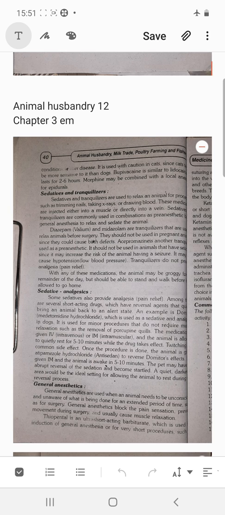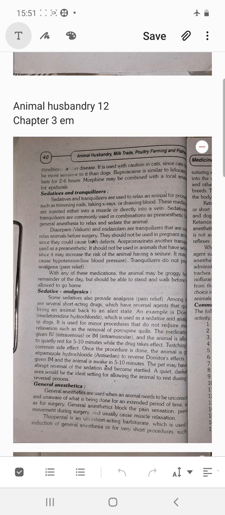These medications are injected either into a muscle or directly into a vein. Sedatives and tranquilizers are commonly used in combination as a pre-anesthetic before general anesthesia to relax and sedate the animal.